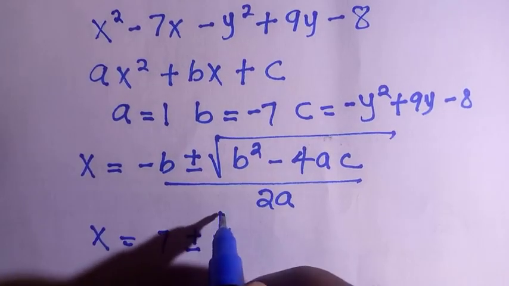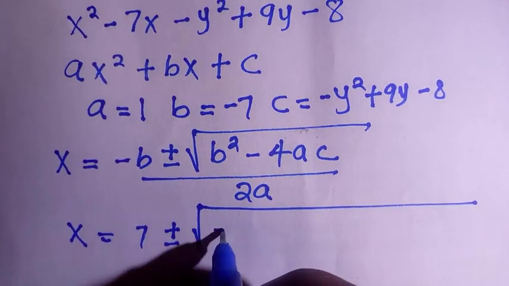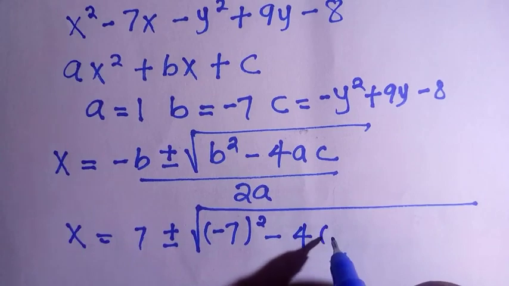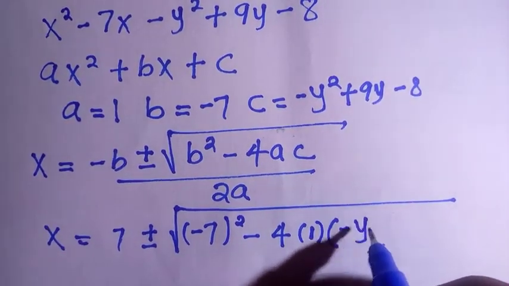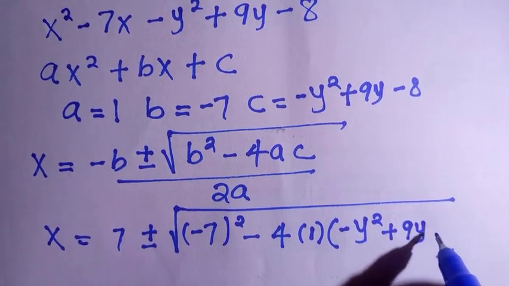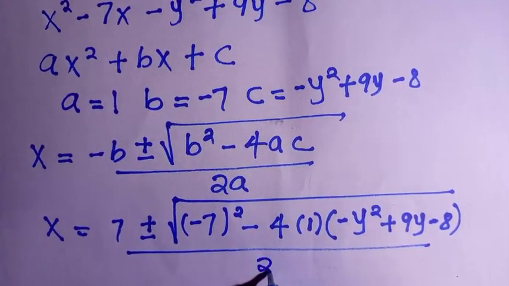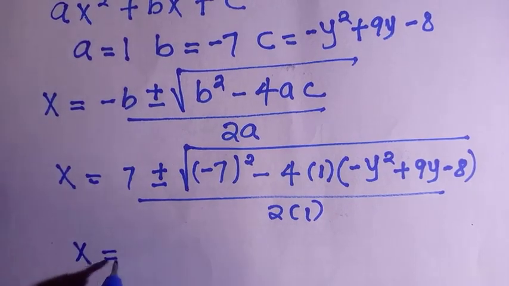So by plugging in all these values, we have x equals 7. Now multiply minus with this -7, that is 7. Then we have -7 squared minus 4. A is 1, and the c is -y squared plus 9y minus 8, all in brackets, then divided by 2 times 1. So let's evaluate this.